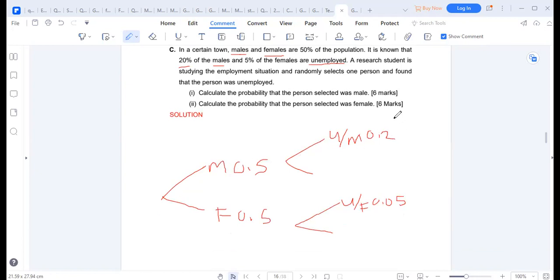This one is unemployed and male, the common characteristic. When you multiply these two, you get 0.1. And on the tree diagram, for female and unemployed given female, it will be unemployed intersection female. This one by that one, we get 0.025.